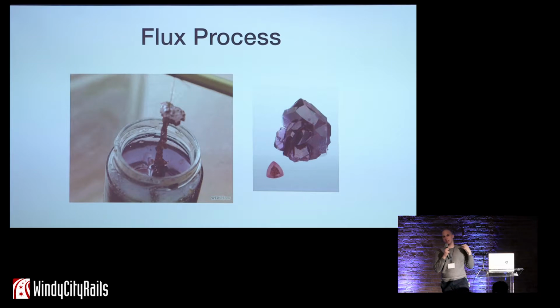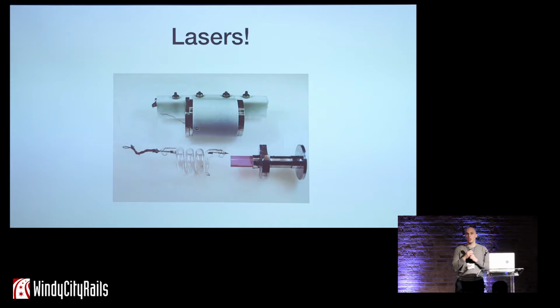So why do we care? Ruby's actually one of the less useful gemstones because, if you're going to synthesize something, you might as well make it diamond, right? So it's kind of pretty, but it's not that useful for very much, except lasers. Around 1950, a couple of scientists realized that because of the crystal-like patterns in ruby, if you shine a light just right, you can actually get a very narrow wavelength.